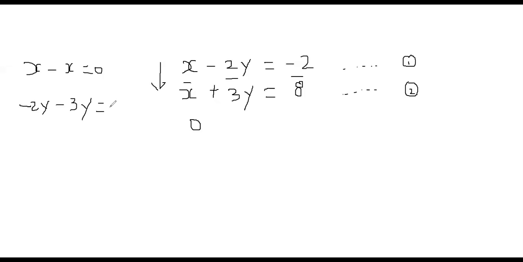Negative 2 minus 3, minus 5, sorry. Minus 5. So therefore it is minus 5y. Put in your calculator negative 2, subtract 3. This is where they hate. So negative 2y minus 3y will give us negative 5y.